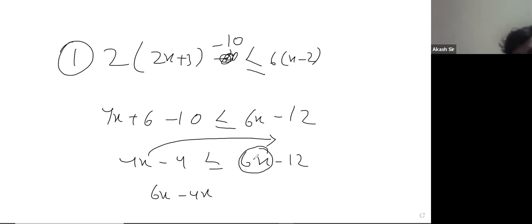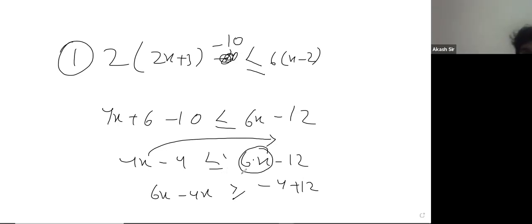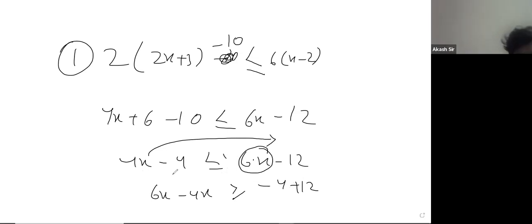So 6x is on the greater side of the equation, so this will be greater than or equal to minus 4 plus 12. Fatima? Yes, sir. It will be minus 4x. Sorry, 4x minus 6x. Yeah, you can take that also. You can write 4x minus 6x less than or equal to minus 12 plus 4, like this. Both are true.